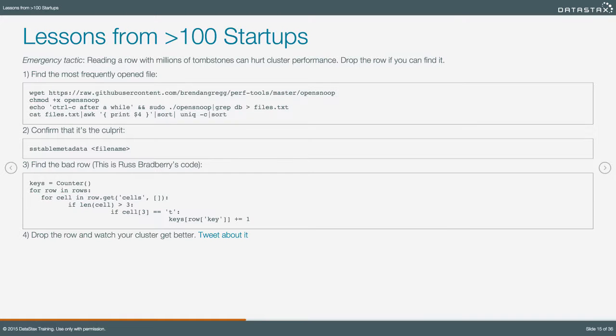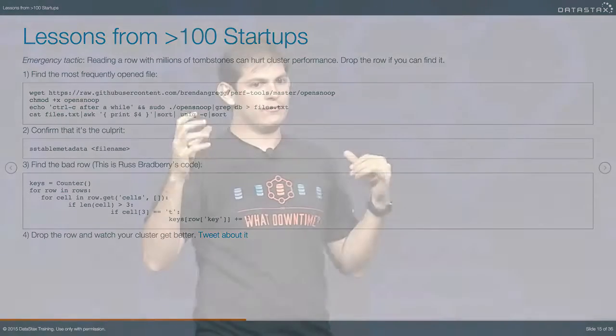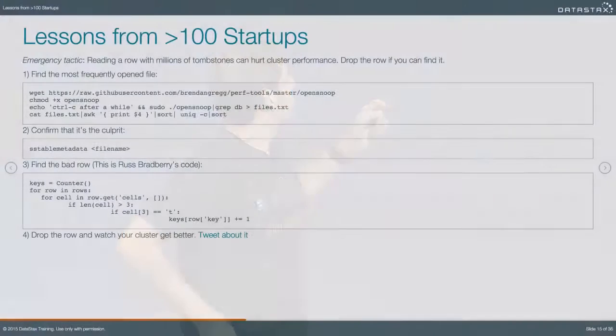And so the nodes that own the primary key and the replicas for these rows were basically hammered, and they were having very long delays on both reads and writes. So what we did was first we identified what SSTable had the problem, and we did that by using a Brendan Gregg tool called opensnoop that actually allows you to check how frequently a file is being read in Linux.